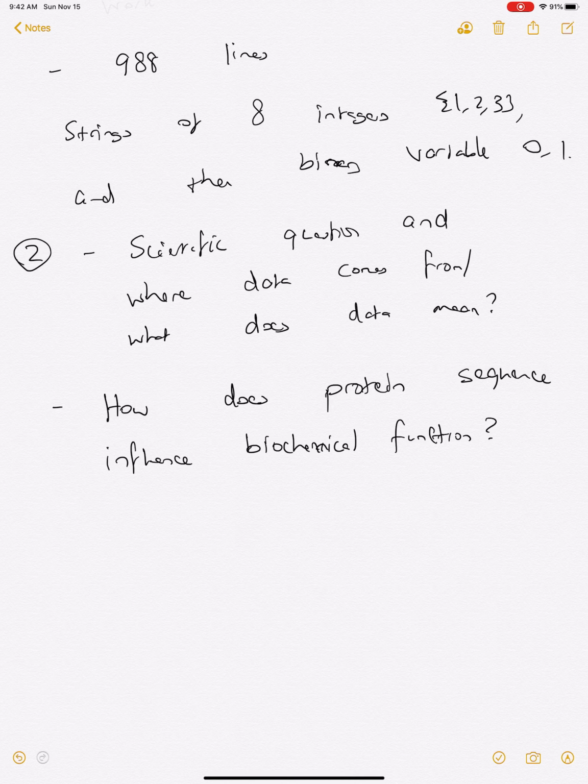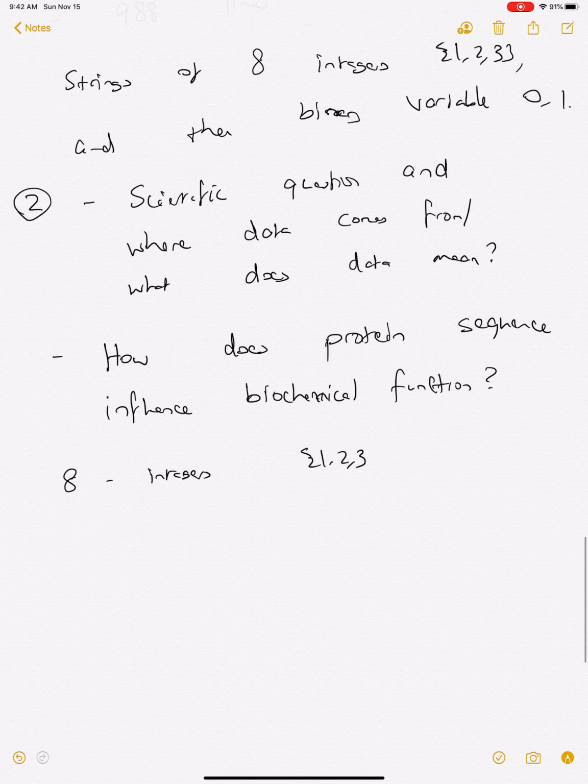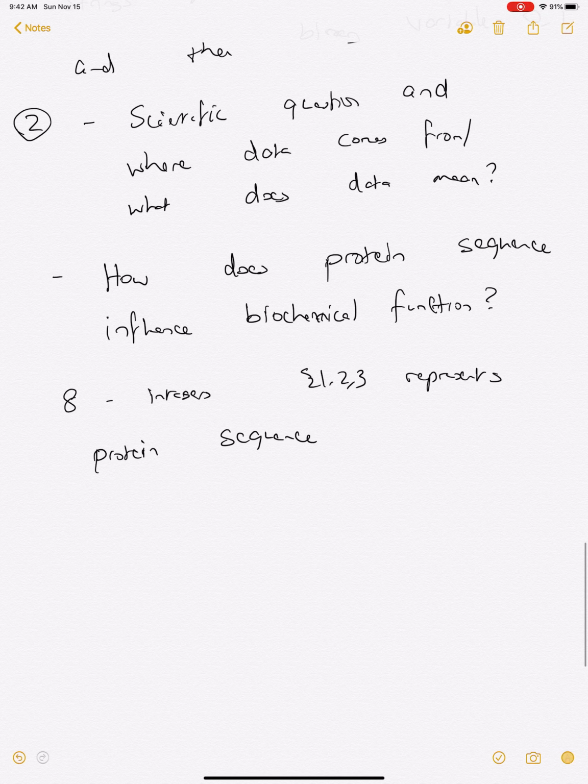So where the data comes in is that we have eight integers, and these are 1, 2, 3 integers. That represents the protein sequence, and I'll talk about why shortly. And then the 0, 1 is a binary response: is that sequence functional?